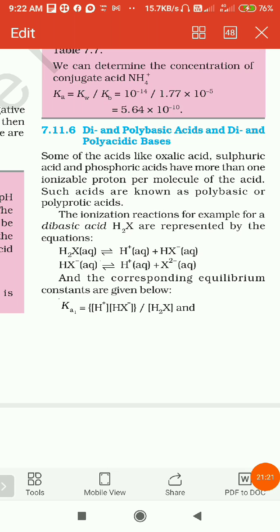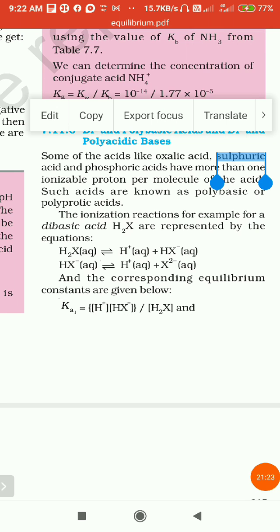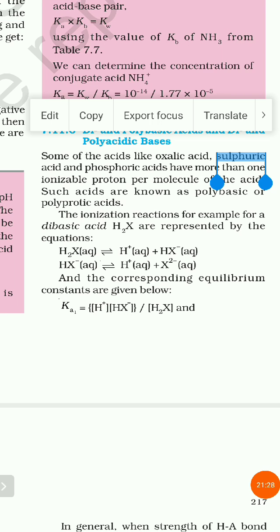Next, for example, sulfuric acid. What is its formula? H2SO4 is called sulfuric acid.